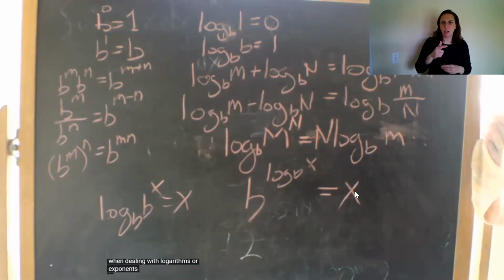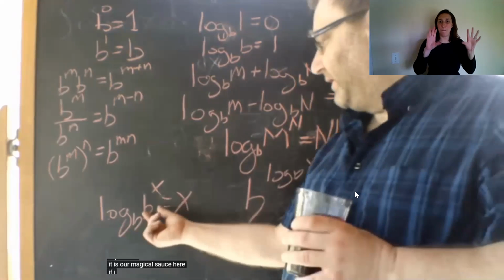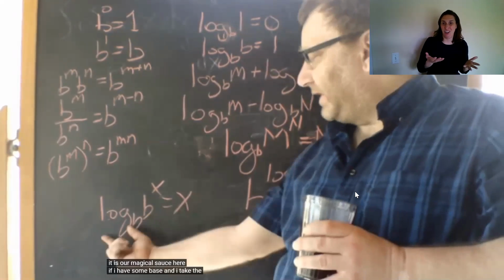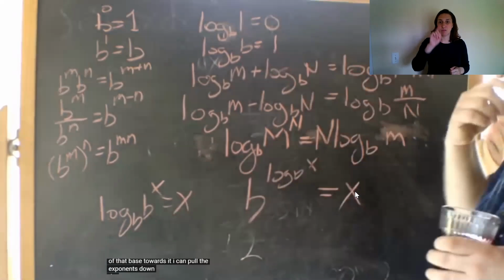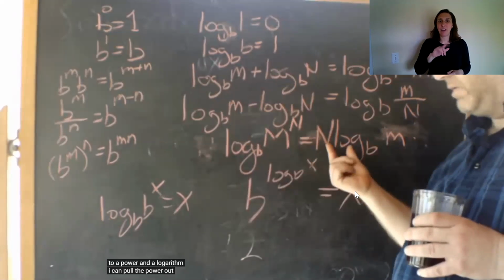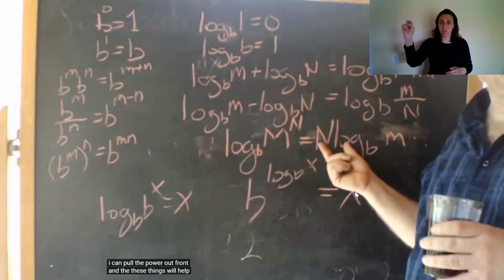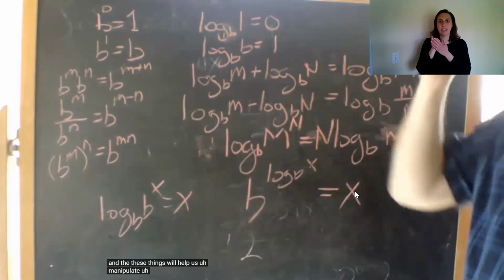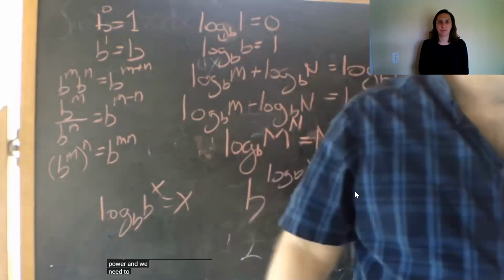It is our magical sauce here that if I have some base and I take the log of that base towards it, I can pull the exponents down. The other thing is if I have something to a power in a logarithm, I can pull the power out front. And these things will help us manipulate more variables, or in the power, and we need to pull the variables down.